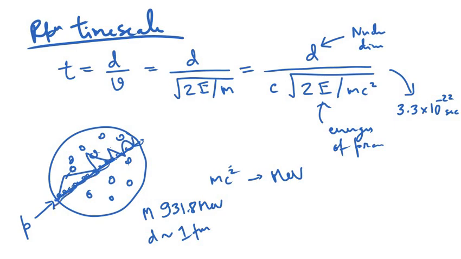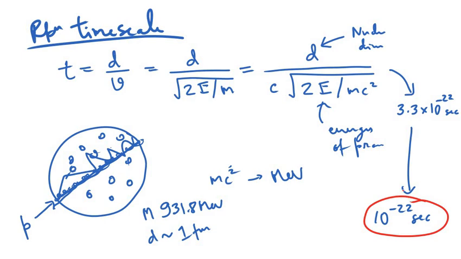Instead, it will just pass up directly, and this is the time scale. So remember, the time scale is roughly 10 to the power minus 22 seconds. Yes. So this is the time scale.